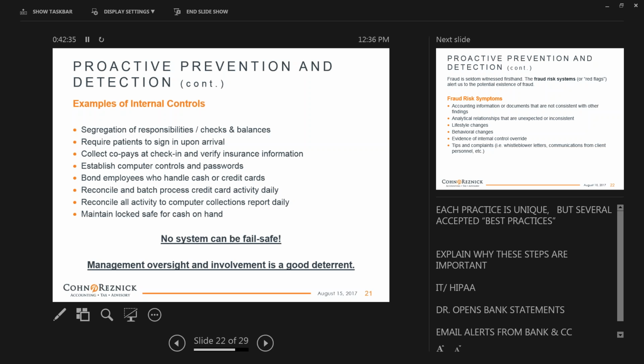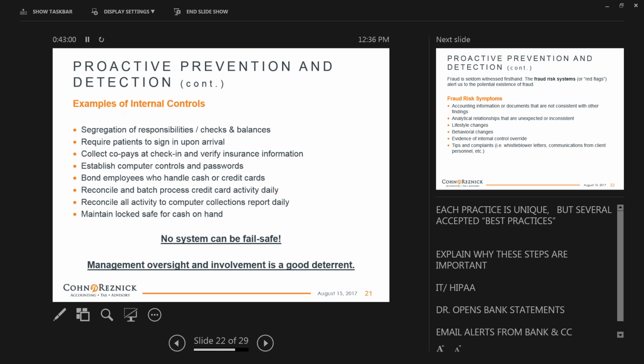Reconciling and batching the daily receipts to the practice management system. That seems like something very basic and obvious that we all do every day in our practices, but I have to tell you that, without getting into a lot of detail, I have had one major issue, which turned out to be an IRS matter, where the practice was very consciously not doing that.